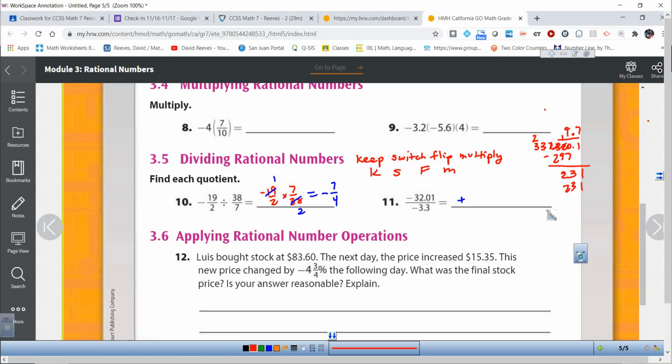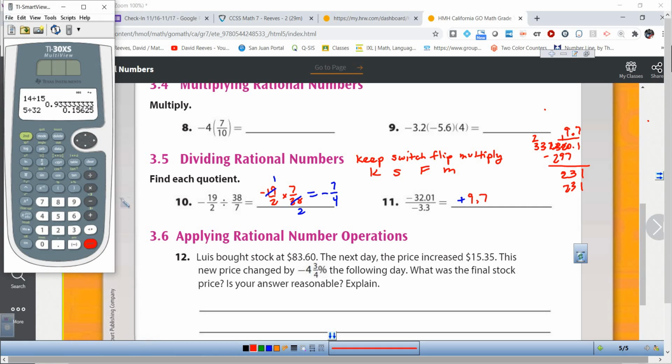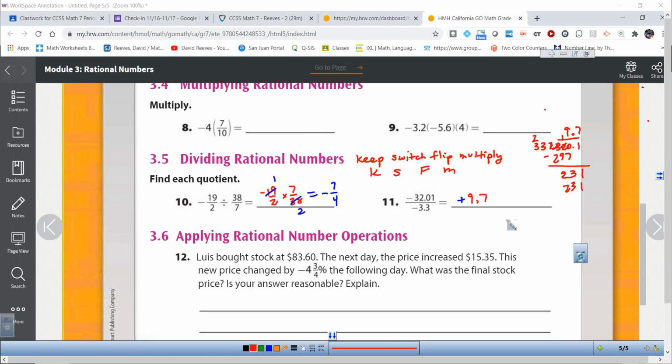Look at that, it comes out perfectly. So we get positive 9.7. And if I were to do a quick check on my calculator, if I did 3.3 times 9.7, I should get 32.01, and I do.